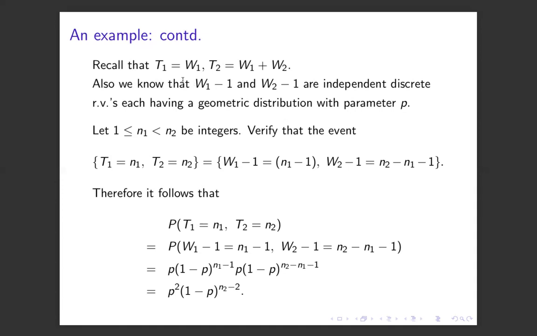Because T2 is expressed in terms of W1, W2, and so on, the event T1 equal to N1 and T2 equal to N2 is the same thing as W1 minus 1, that is the number of failures before the first success, is N1 minus 1, and W2 minus 1, that is the number of failures after the first success and before the second success, is N2 minus N1 minus 1.